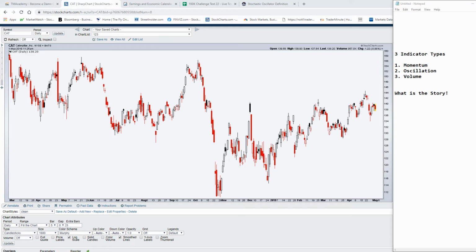It is a very simple indicator, and it's one of the oldest technical indicators that's out there, and it is the stochastics. The stochastics was developed by a gentleman named George Lane back in the 50s, and he was a big proponent of a concept that price action in stocks, or price action in the market, follows momentum of price changes.